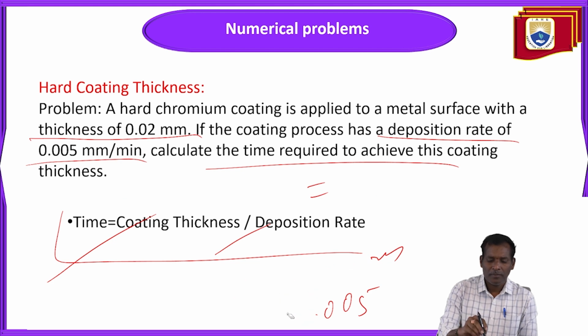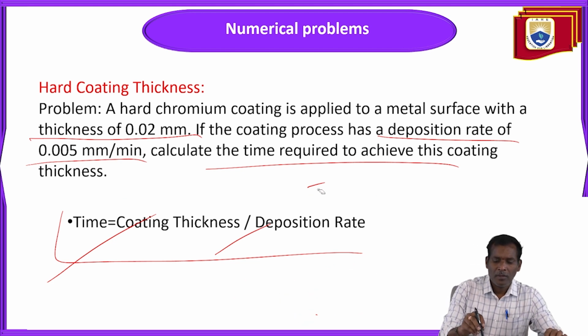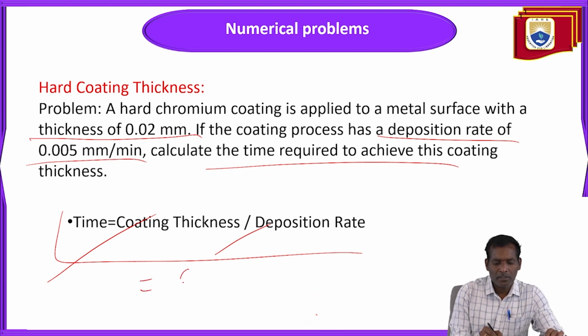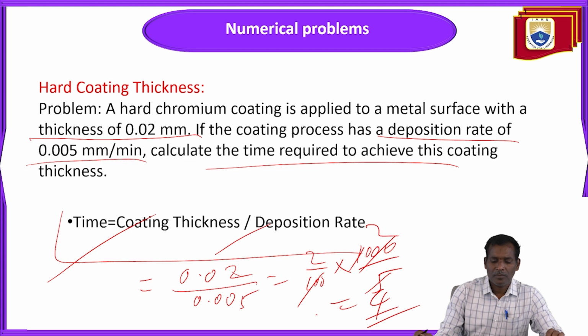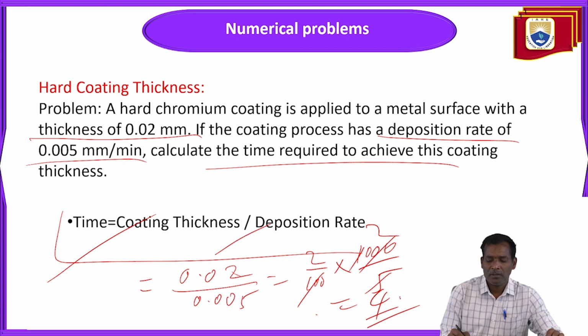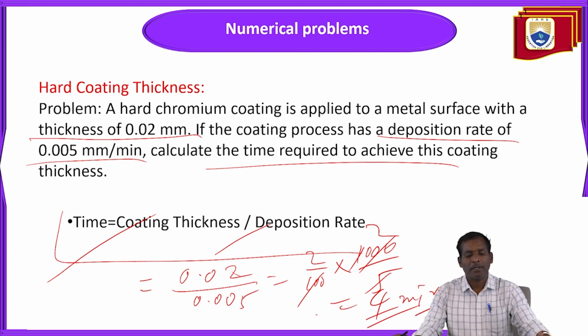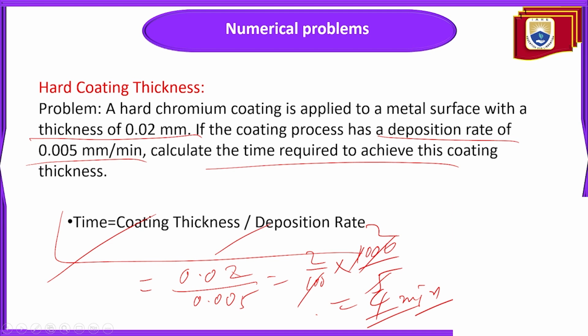Coating thickness divided by deposition rate is 0.02 by 0.005. Now 2 by 100 multiplied by 1000 by 5. The zeros cancel, and we get 4 minutes. This is the time required to achieve this coating thickness.